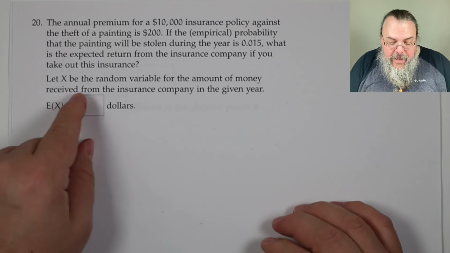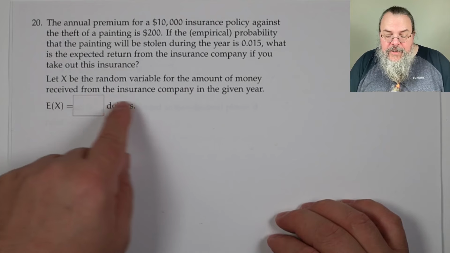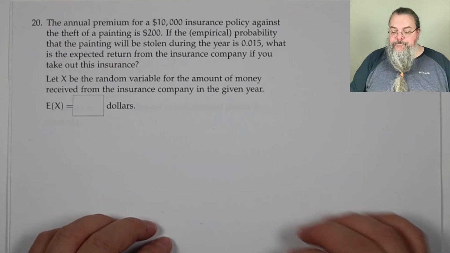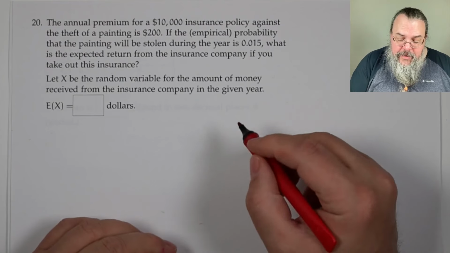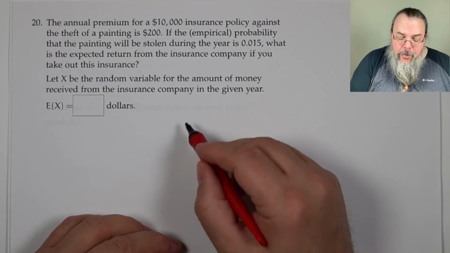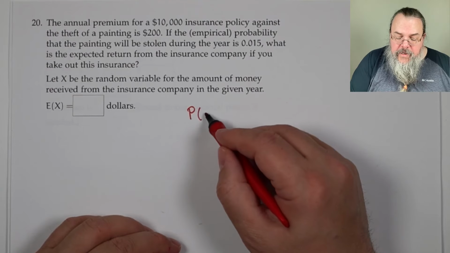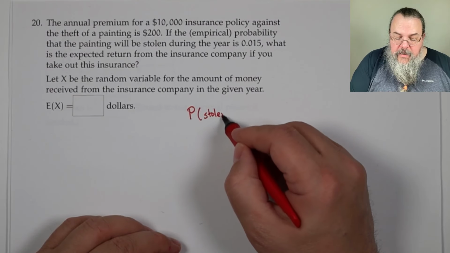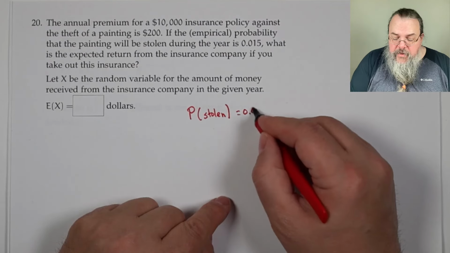So let X be the random variable for the amount of money received from the insurance company in the given year. So there's two things. And so what do we have? Well, we have that the probability that you get stolen is right here. It's 0.015.